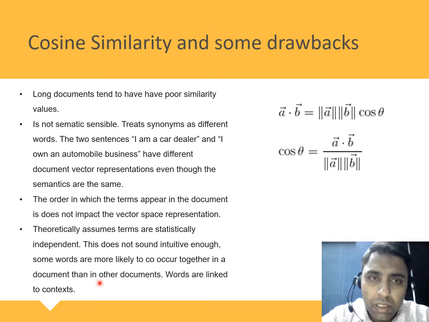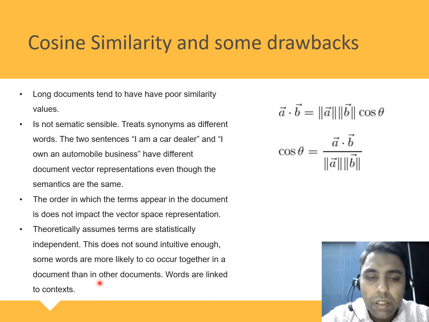So the last point that I was mentioning is this representation, the vector space representation, assumes that the different terms which are present in the document are statistically independent, which doesn't sound intuitive enough, because certain words are more likely to be present when some specific context is being talked about.